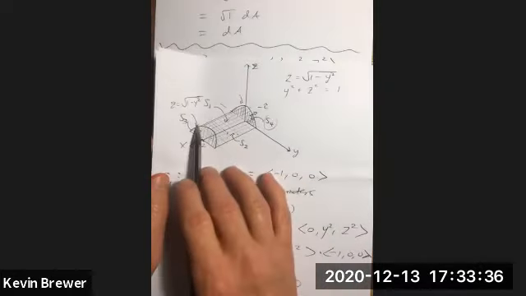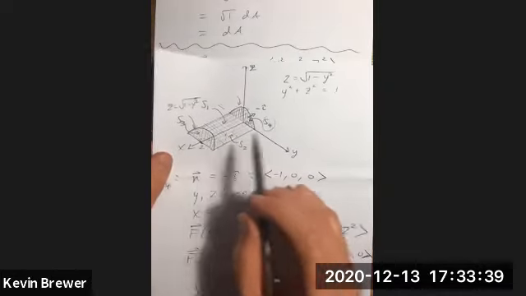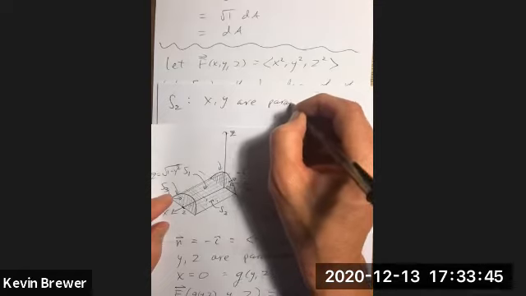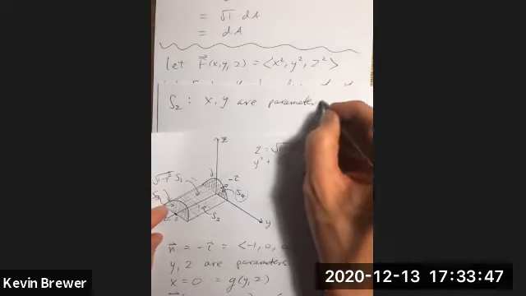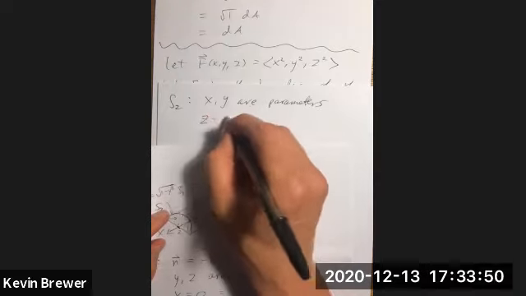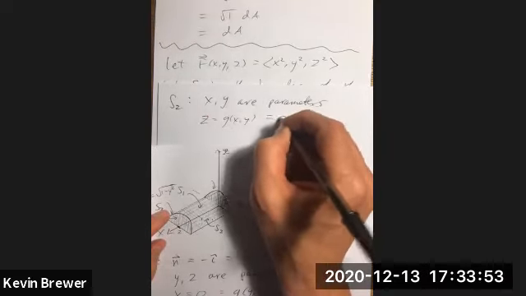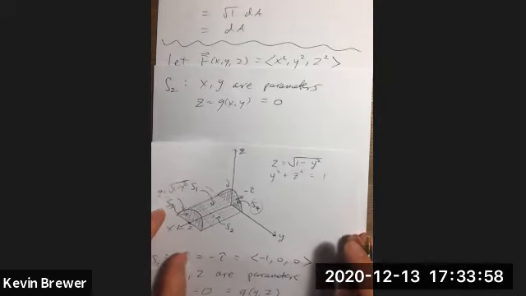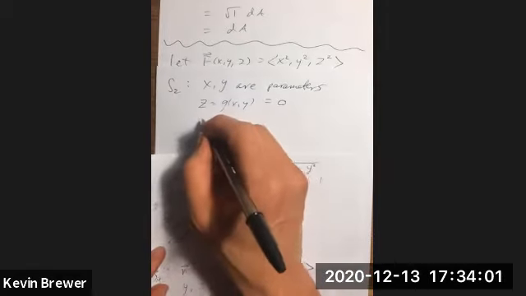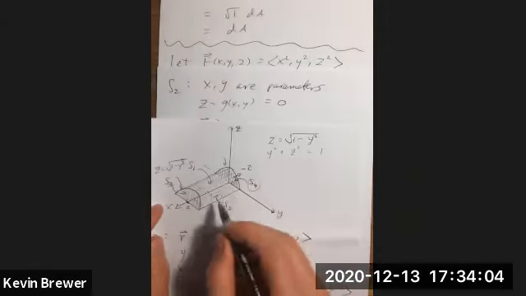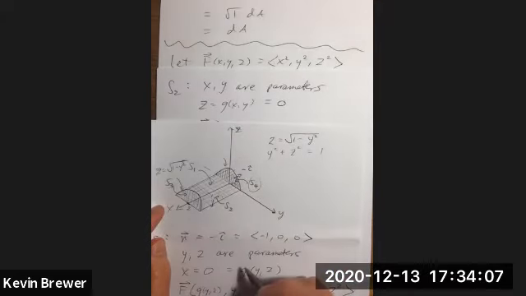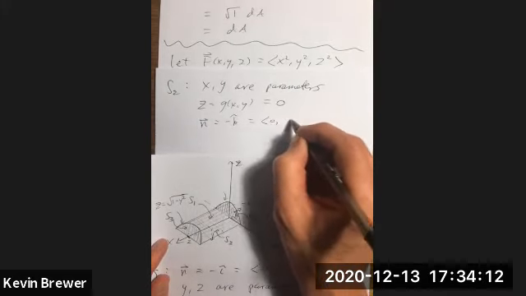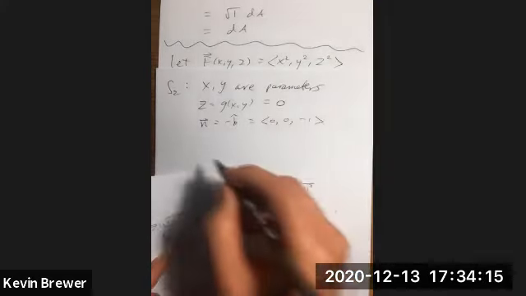On S2, we are in the XY plane. So X, Y are the parameters. Z is a function of X and Y, and it's identically 0. As I said earlier, when I got ahead of myself a little bit, our normal vector here is now downward orientation. So minus k, which is 0, 0, negative 1.